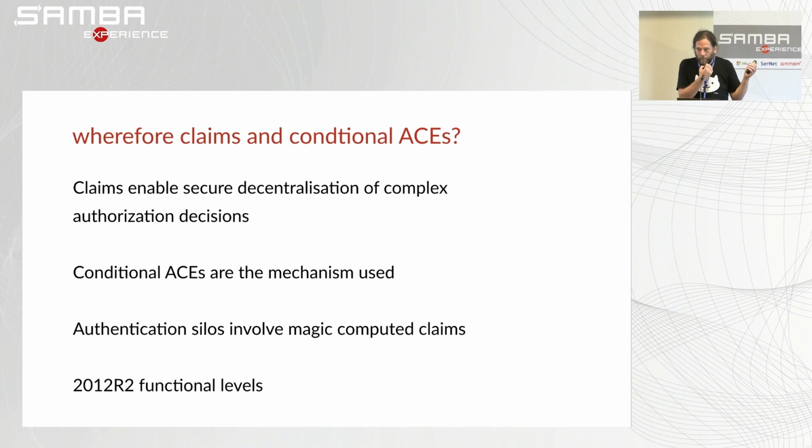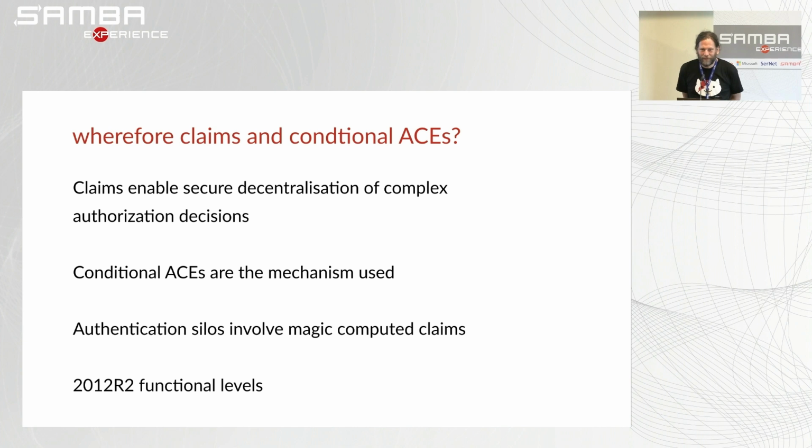And authentication silos involve magic computed claims which I don't understand. But one major reason we're doing it is that it gives us 2012. We can say we support some kind of 2012 R2 functional level.